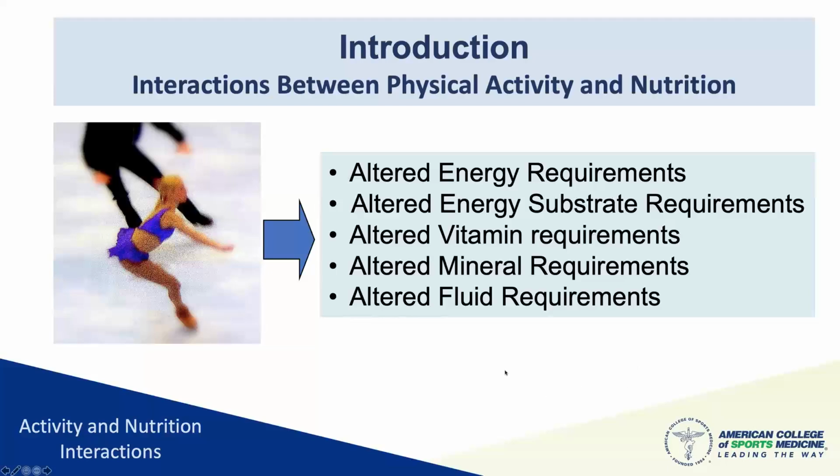That is, it alters the rate of utilization differentially of carbohydrate, protein, and fat. And it also alters the amount of energy that you need. And because vitamins are very important for the metabolism of energy substrates, and an increase in energy substrate utilization occurs with physical activity, there's also an alteration in vitamin requirements.